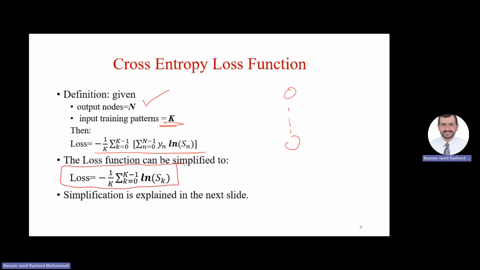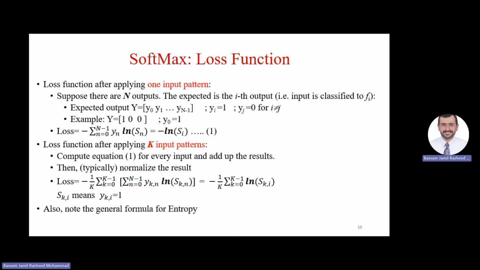What we refer to as the cross-entropy loss function is minus 1 over k, the ln of our S_k's. And S_k represents the S function of the correct output. Okay, so let's see how we can simplify that.